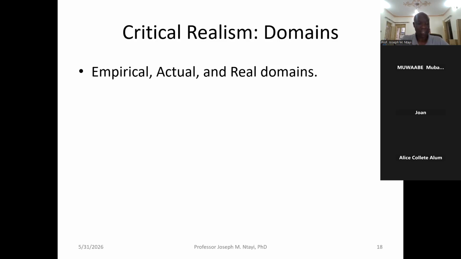Again, you'll find that you have to mix the methods, but I'll be talking about this later on, not now. So those are the ontological domains, and according to Bhaskar, the real domain is central and very, very important, and we must understand that very well.